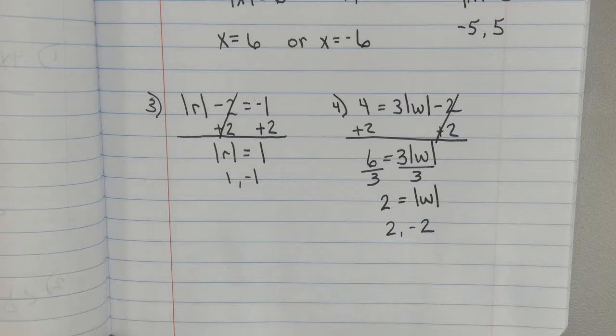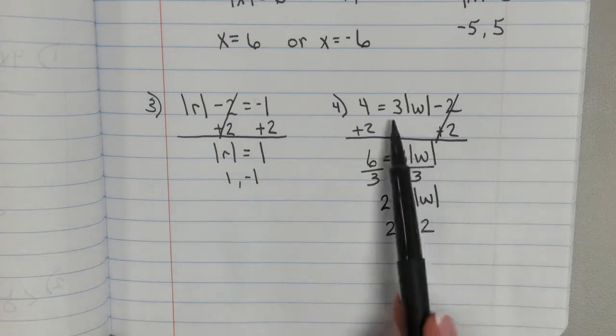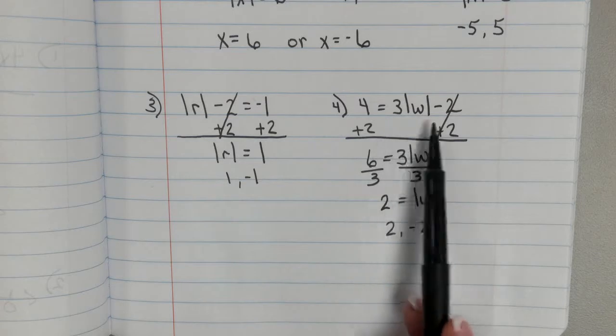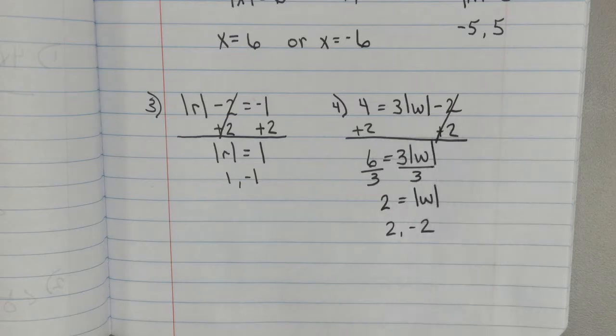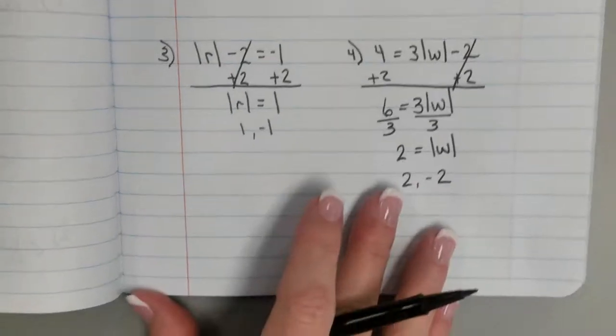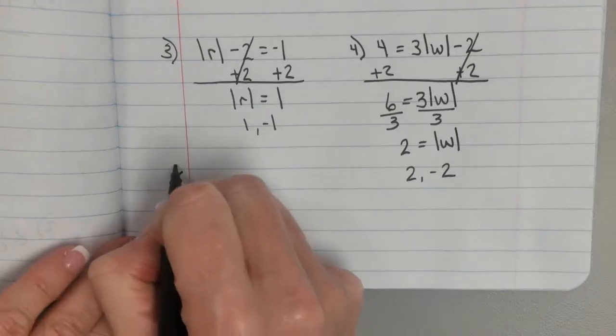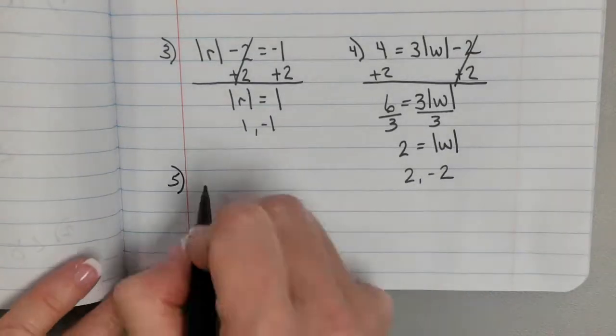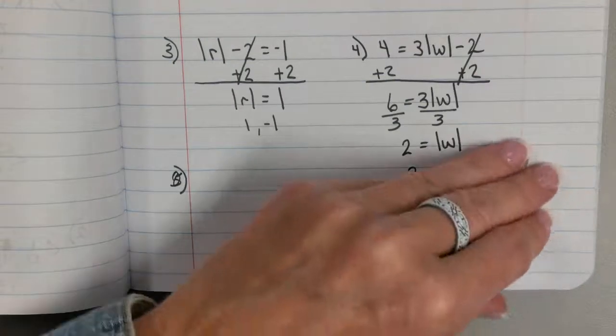All right. Now, let's look. So far, only the variable has been in your absolute value bar. So let's look at it if you have this whole section, this half of the equation, in the absolute value bars. Let me put it right here. I'm going to turn to the back so I have more room.